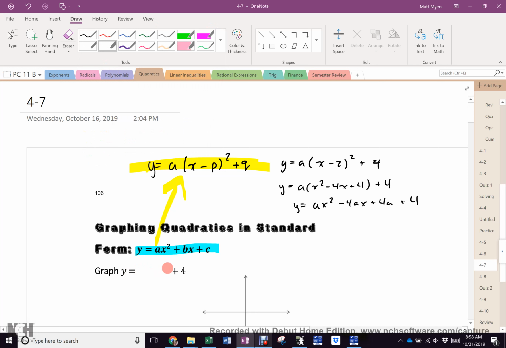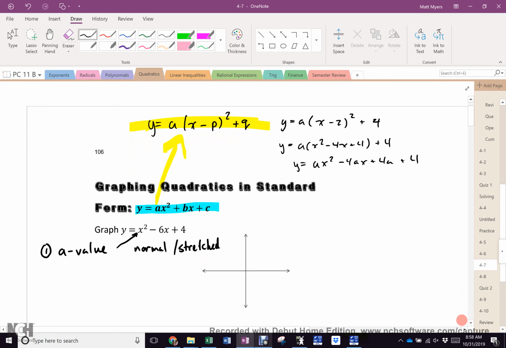So this form automatically gives us the A value. We automatically know that from right there. So we know if it's normal or stretched. We automatically know that, yes?